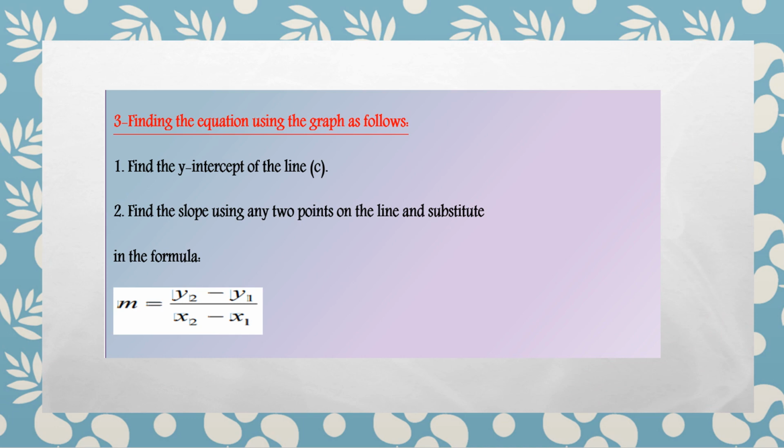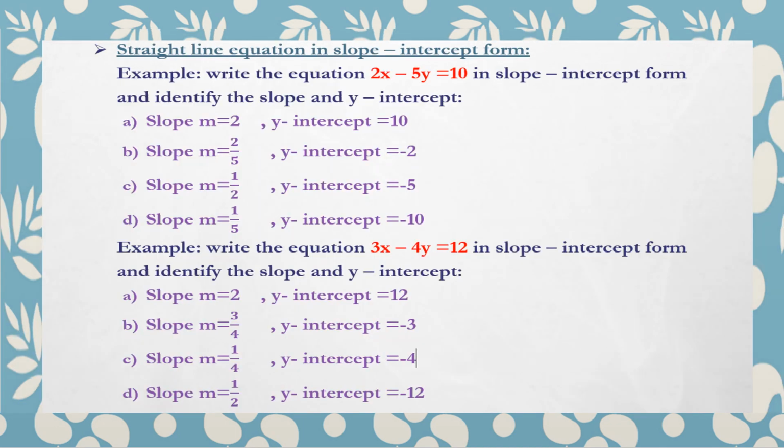The third method is to find the equation of the straight line using the graph, as follows. First, we have to find the y-intercept or c of the line from the graph. The second step is to find the slope using any 2 points of the line and substitute in the formula of the slope. Let's get some examples.